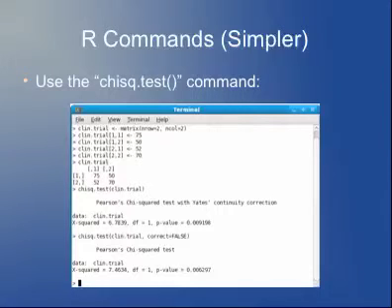So I tell R, let's create a matrix with 2 rows and 2 columns. Then I just fill in the matrix. Say the first row and the first column is 75. The first row and the second column is 50. Second row, first column is 52, etc., etc.